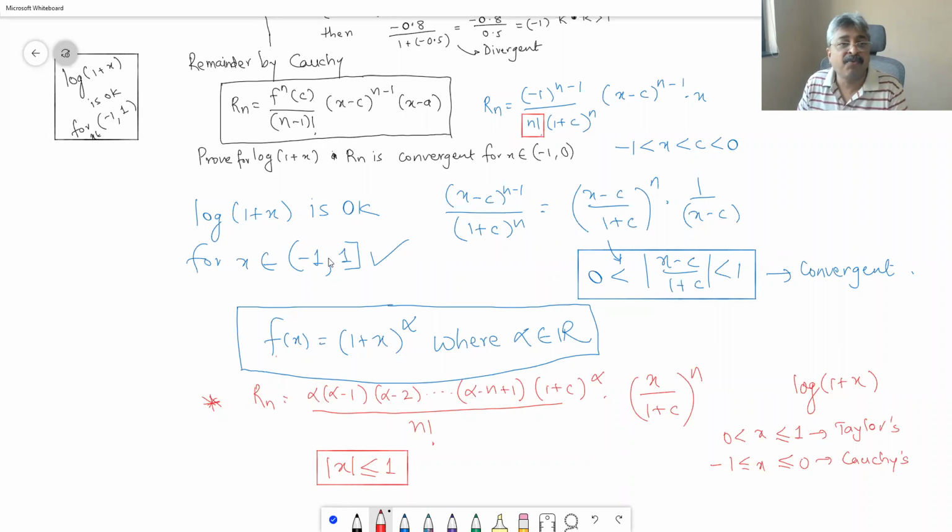Okay, so we have legalized all the easy power series expansions of basic functions: sine, cos, e raised to x, a raised to x, 1 plus x raised to alpha, log 1 plus x, and maybe tan inverse x also we will have to legalize, but we are not getting into proving every remainder.